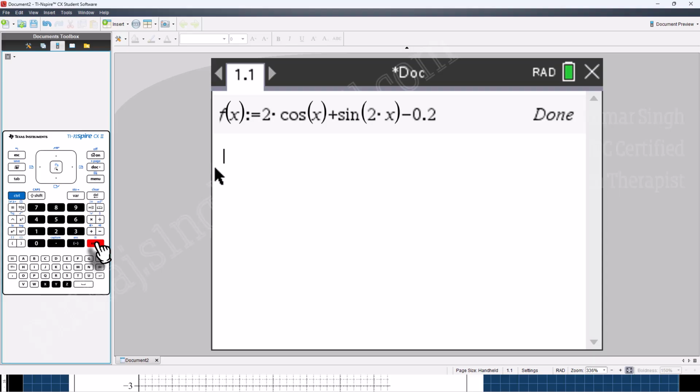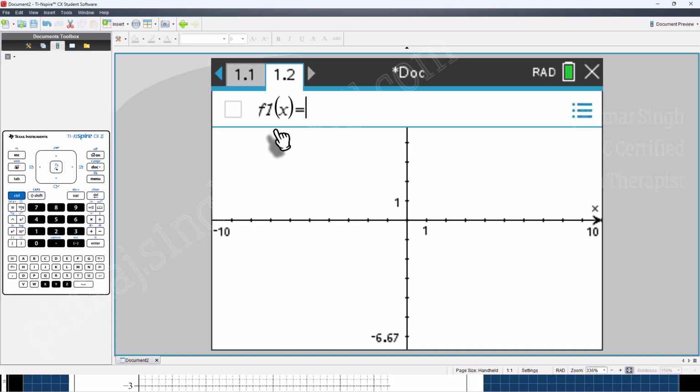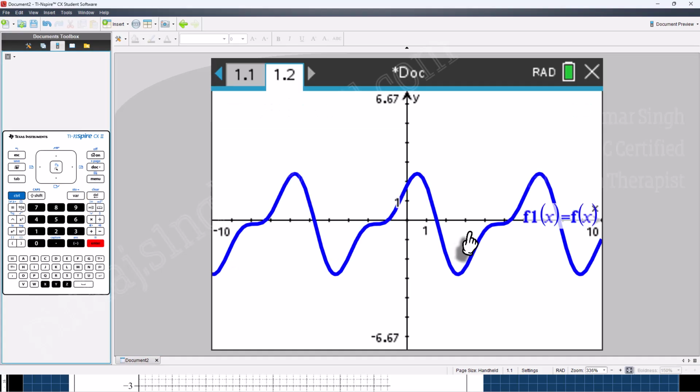Now the equation has been defined, so I will go ahead and add a graph. Because I have already defined the equation, I simply can write y equals f of x. And that's my graph.